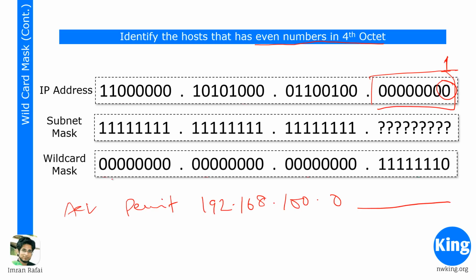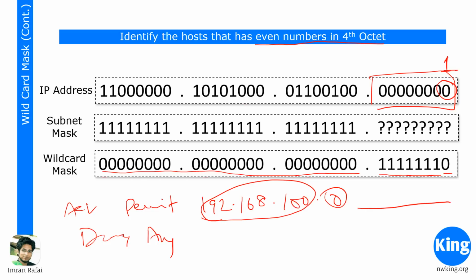Since this is /24, we are trying to match even numbers in the 4th octet. So I just have to match the first 3 octets, 192.168.100, and the 7 bits of the 4th octet I don't care. But the last bit I care about, and it has to match this 0. If at all it's a 1, it will be a deny. You have a deny any at the bottom, so it will go to deny any, but only if it's matching.